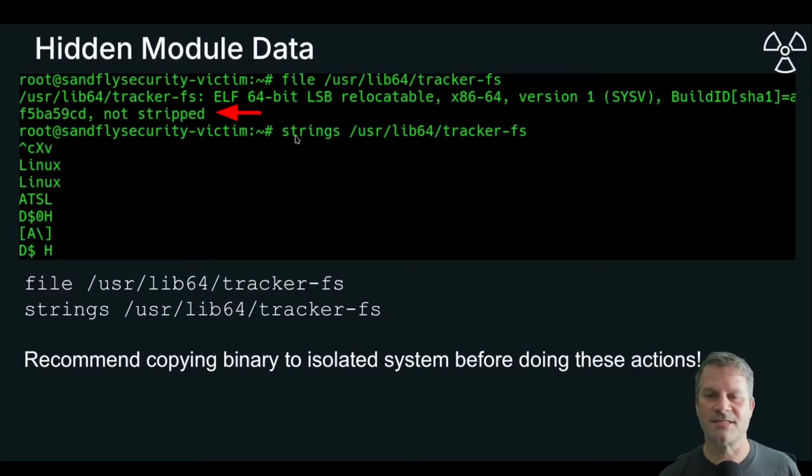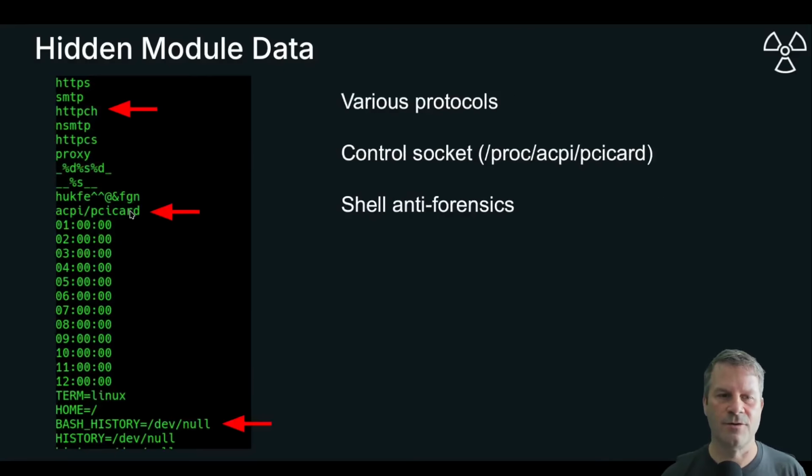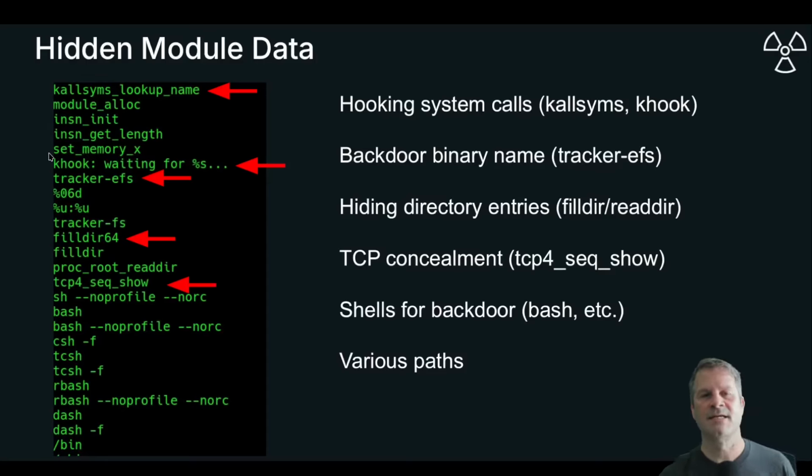Then I'm going to run a simple strings command on it, and that strings command is going to show me some really interesting stuff. First of all, I see the kernel symbols here. This is basically what it's likely using in order to avoid being seen. I see that khook reference here, trackerefs.